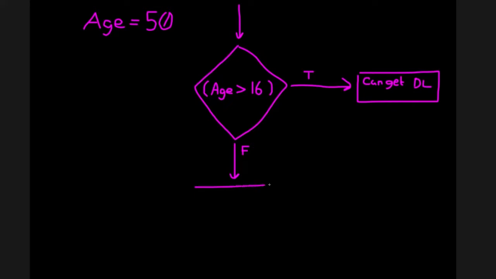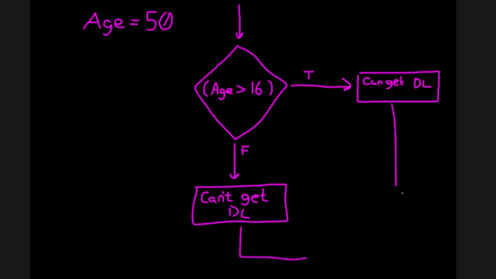If it's false, it's going to do this little condition down here saying can't get DL. Now, somewhere later on in the program, these branches might end up coming together again. They might never come together. Who knows? But that's a condition right there.